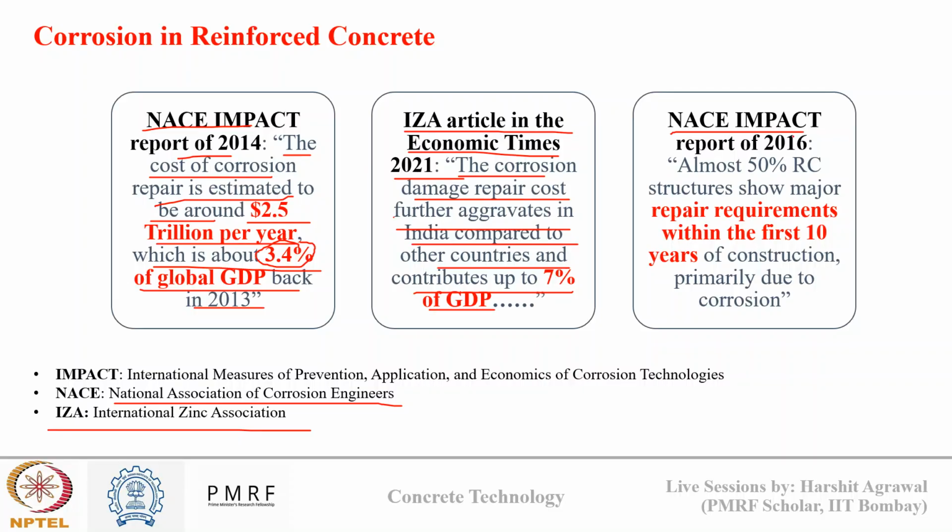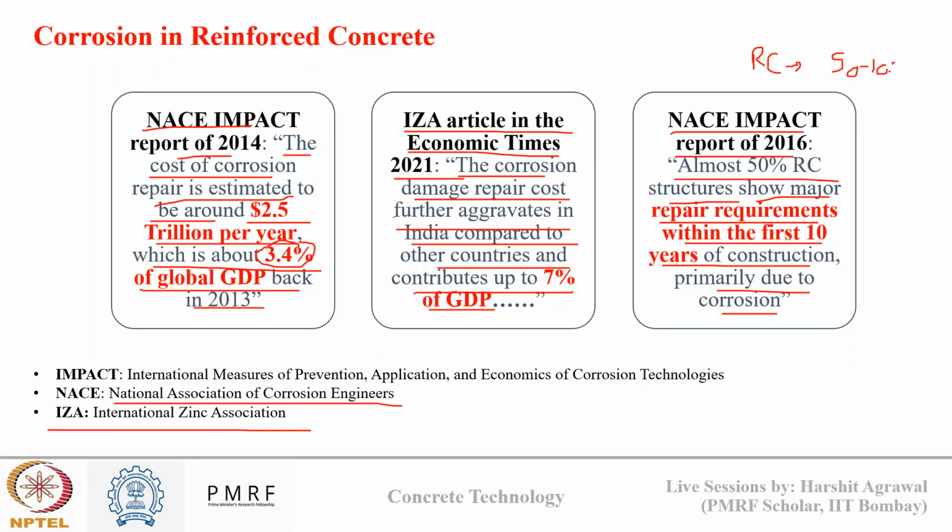And again, the NACE impact report in 2016 said that almost 50% of RC structures which show major repair requirements within the first 10 years of construction is primarily due to corrosion. Whenever we design reinforced concrete, we generally assume it will last for 50 to 100 years.